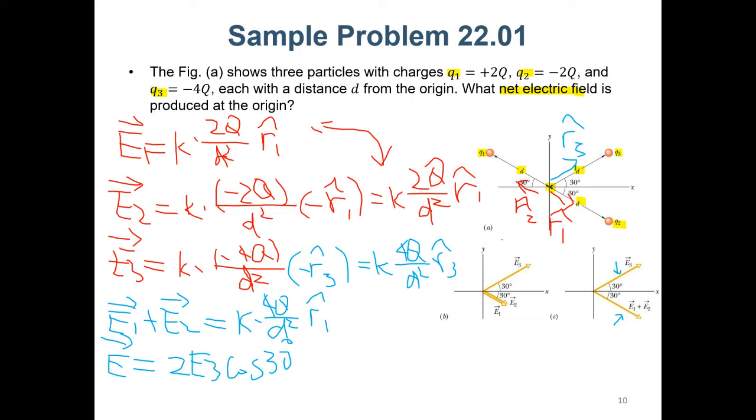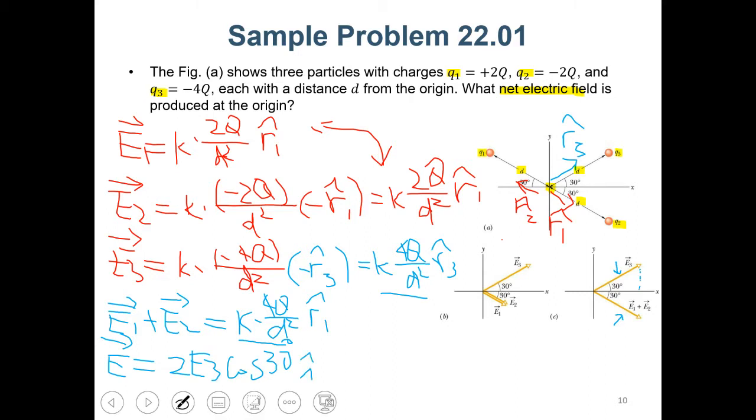Both of them have 30 degrees with the x-axis, and the magnitudes are the same, so that we have the x component, E3 multiplied by 2 cosine 30 degrees. For the y-axis component, they cancel each other, so all of them point to the positive x-axis. Something like this.